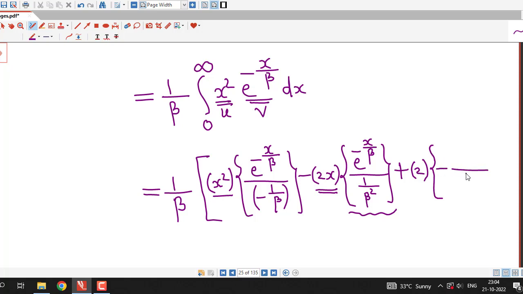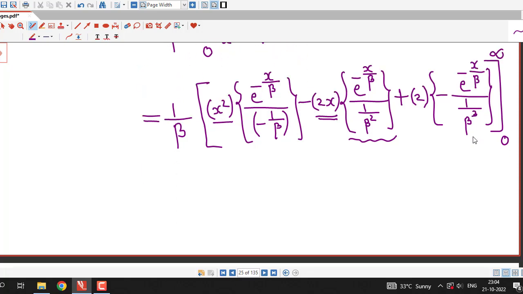So in the denominator I will have minus 1 over beta to the power 3, and here I have e raised to minus x over beta. Limits are from x equal to 0 to x equal to infinity. And let me rewrite this by taking e raised to minus x over beta common, and I have minus beta times x square from the first term, minus 2 beta square times x from the second term.